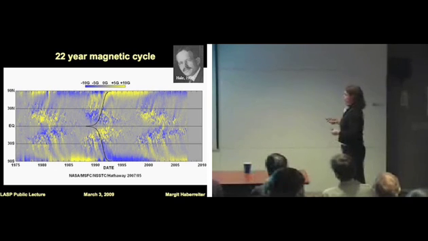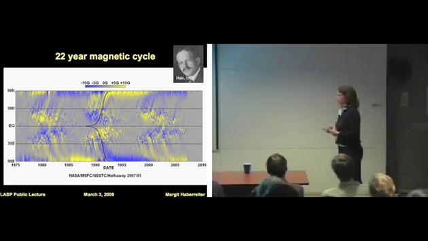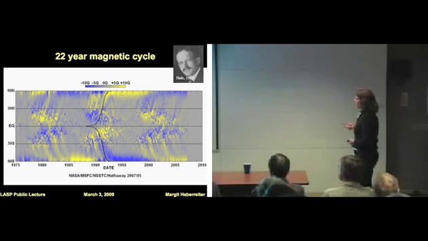And now another very interesting characteristic, and this also goes back to Mr. Hale, is that the magnetic cycle of the sun actually has a 22-year period. It is repeated every 22 years. This is indicated by this plot. The yellow and green colors show positive polarity, and the blue color shows negative polarity.